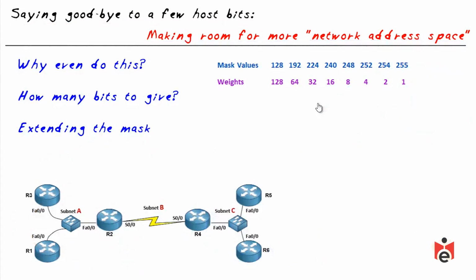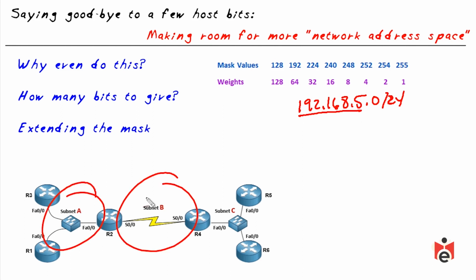So let's use a practical example here. Let's say we do have a 192.168.5.0/24 network, and we have to use that major network to go ahead and create additional space. The very first question to ask us in this scenario is, how many new networks, or new subnets, if you will, do we need to create for our topology? In this example, we need 1, 2, and 3.